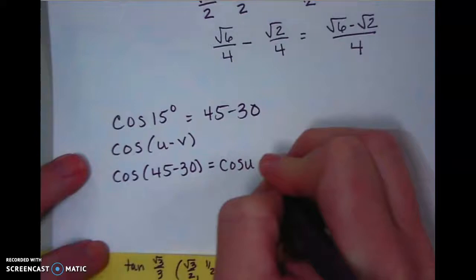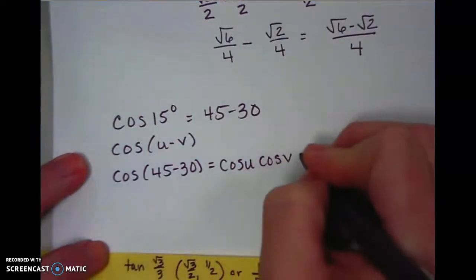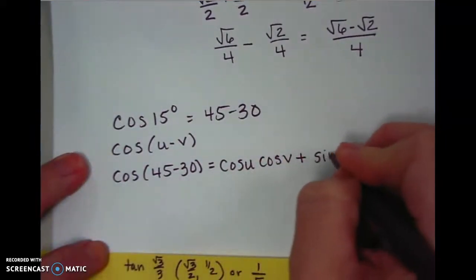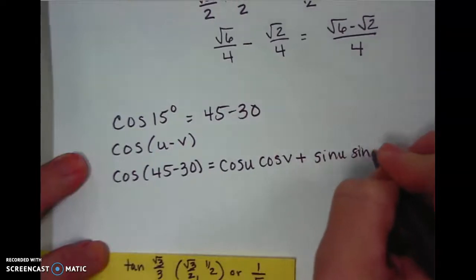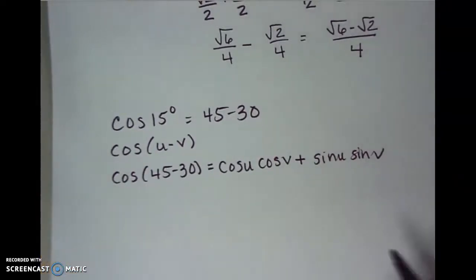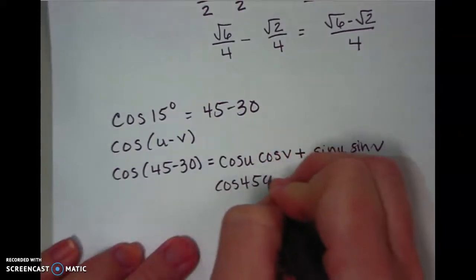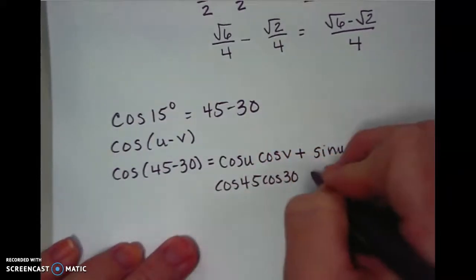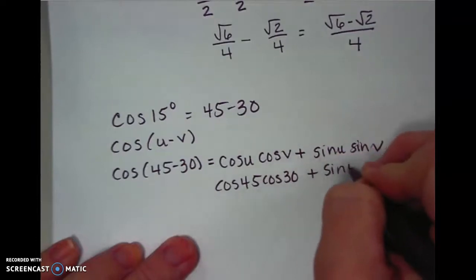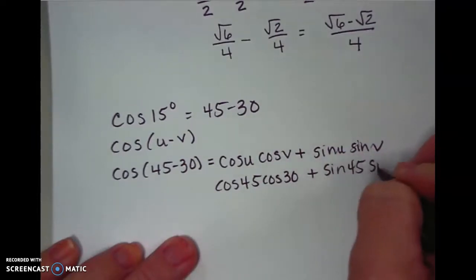Cosine of u, cosine of v, plus the sine of u, sine of v. Cosine of u is 45, cosine of v is 30, plus sine of 45 and sine of 30.